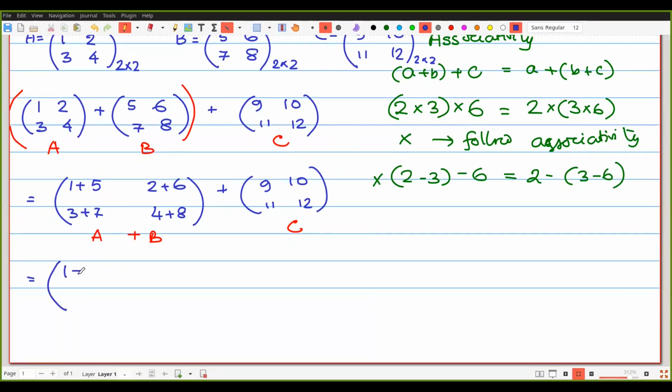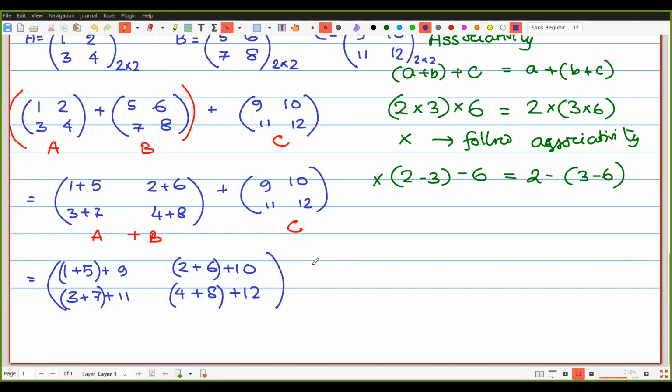So that is 1 plus 5 plus 9, 2 plus 6 plus 10, 3 plus 7 plus 11, 4 plus 8 plus 12. But here we are using parentheses, as we are adding 1 plus 5 with 9: 2 plus 6, 3 plus 7, 4 plus 8.